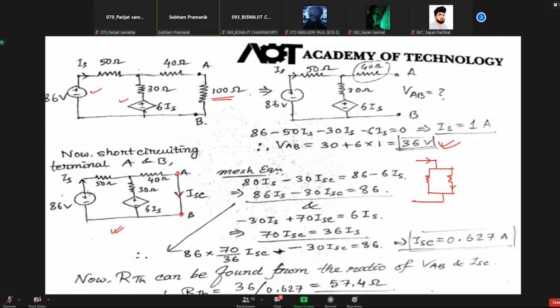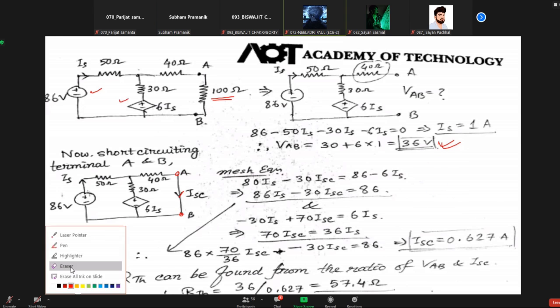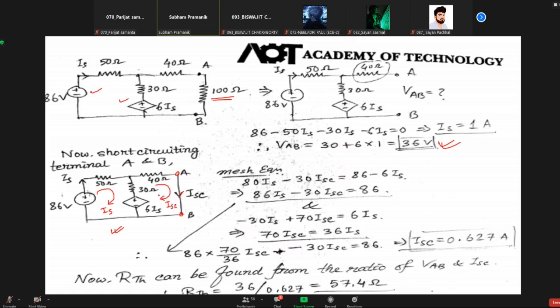But here this is not applicable. Okay, sir. So how to do that? See, IS, this is the loop current here. This is IS. And as I marked this branch current as ISC, the same current ISC is flowing in this branch, I mean in this loop, this mesh.